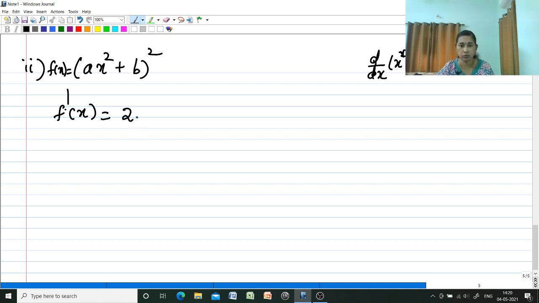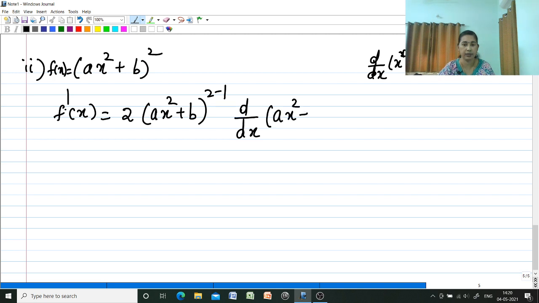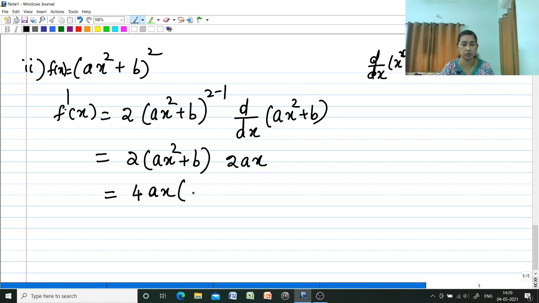So it will be 2 into ax square plus b whole raised to 2 minus 1 into derivative of this inside part, that is d by dx of ax square plus b. So the answer will be 2 into ax square plus b into derivative of ax square plus b. Derivative of b is 0 and derivative of ax square is a into 2x, or 2ax. That's equal to 4ax into ax square plus b.